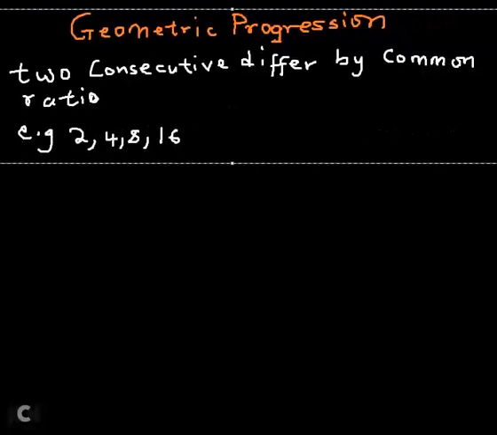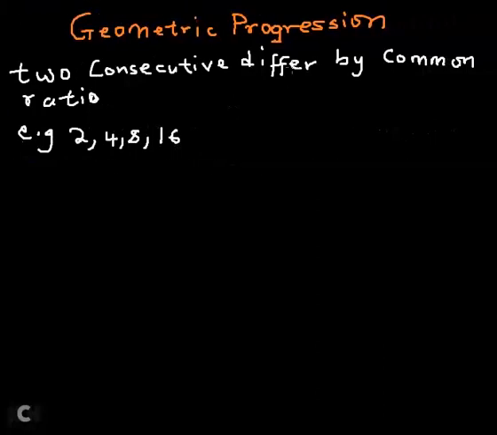Now, the difference between geometric progression, of course, abbreviated GP, and arithmetic progression is that for an arithmetic progression, two consecutive terms in that sequence differ by a common difference.